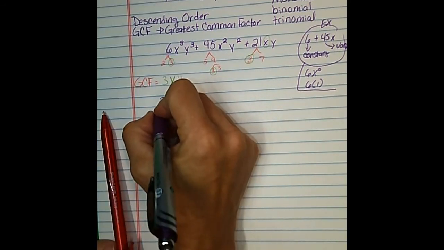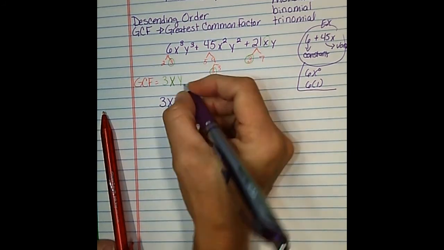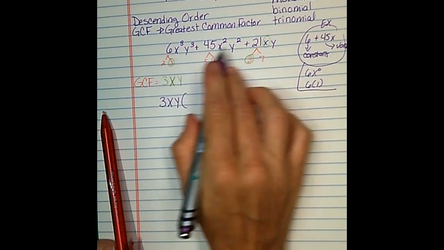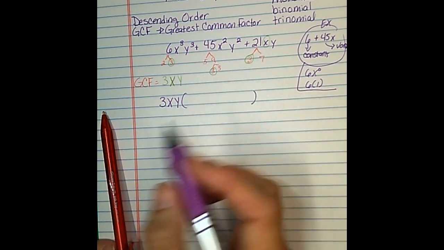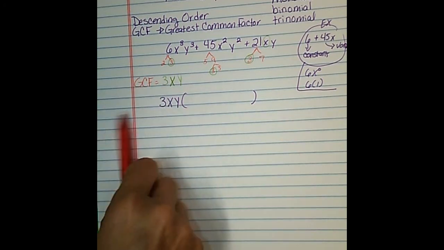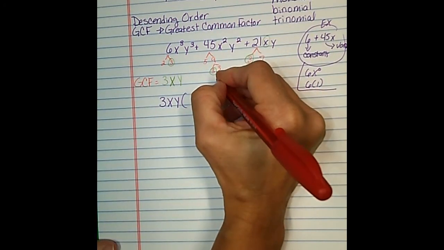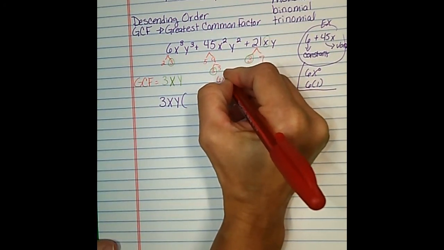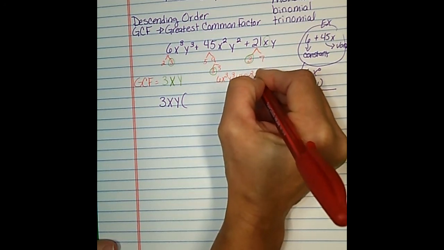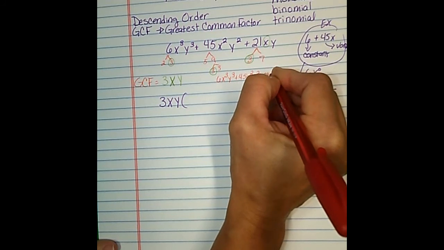So I'm going to say 3xy, and in parentheses, I'm going to put all this that's left. Well, how do I know what's left? Well, what if I come over here to the side and I say 6x cubed y cubed plus 45x squared y squared plus 21xy.